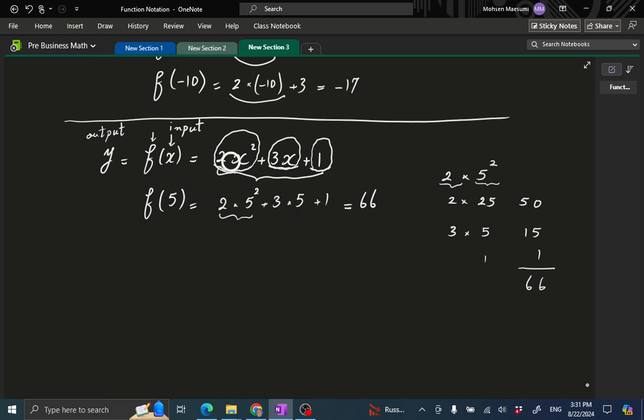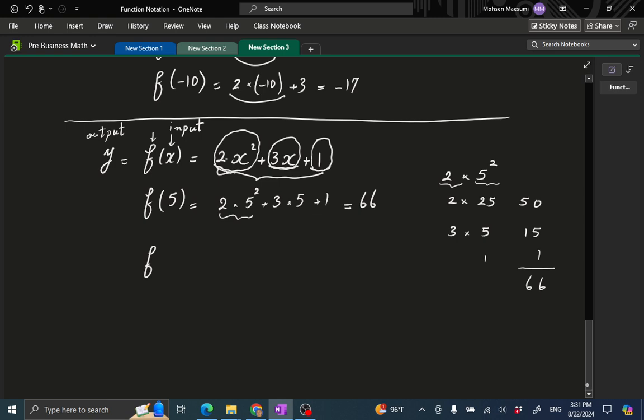In this multiplication, there is still another activity, which is this exponentiation. Exponentiation has priority over this multiplication. So we do 5 squared first, multiply by 2, 3 times 5 is another portion, and the 1, that is 66. Let's do another one.